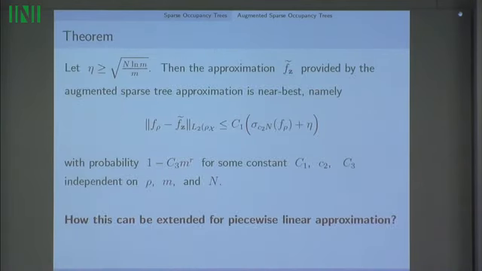If we want to extend it from piecewise constant to piecewise linear, we have to consider all these structures and try to connect them to some vertices to mimic the piecewise linear approximation.